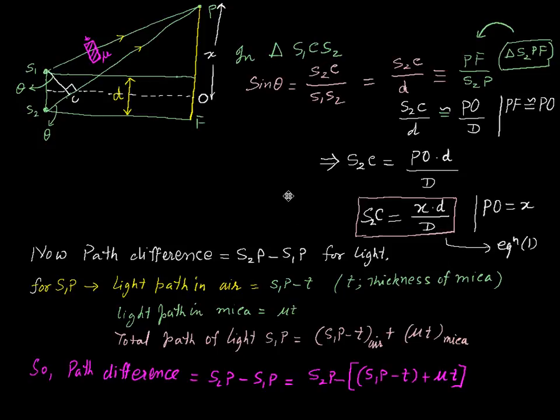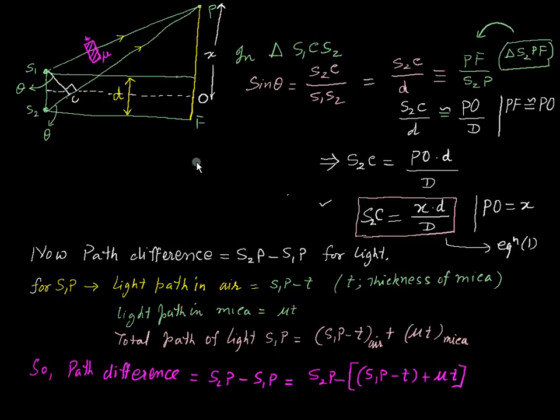So first of all, we tried to find this distance S2C, and this distance is basically the difference between the two light ray paths. From C and from S1, light starts to travel and reaches at the same time here at the point P and interferes.